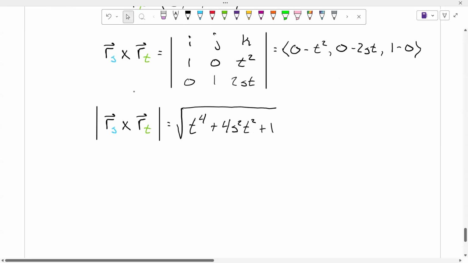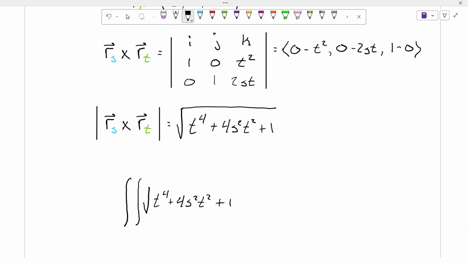So finally, I can express that surface area as the double integral of the square root of t to the fourth plus 4s squared t squared plus 1. I think we've got to do dt first and then ds.